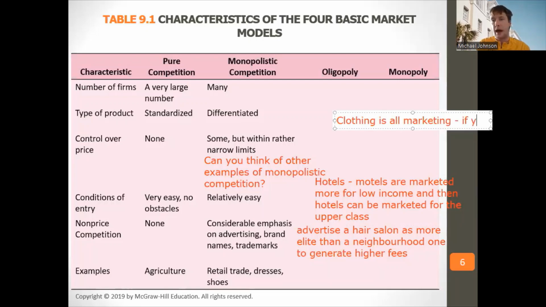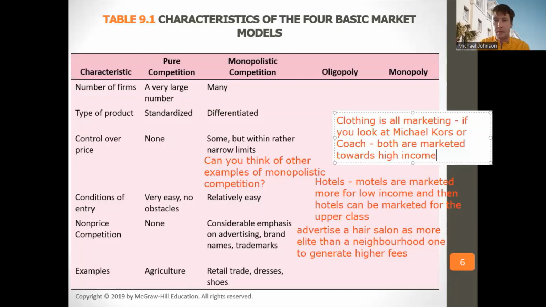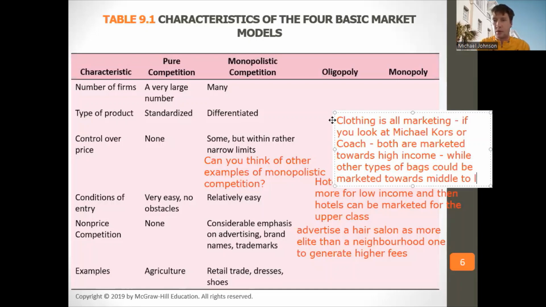If you look at Michael Kors or Coach, both are marketed towards high income, while other types of bags could be marketed towards middle to low income.